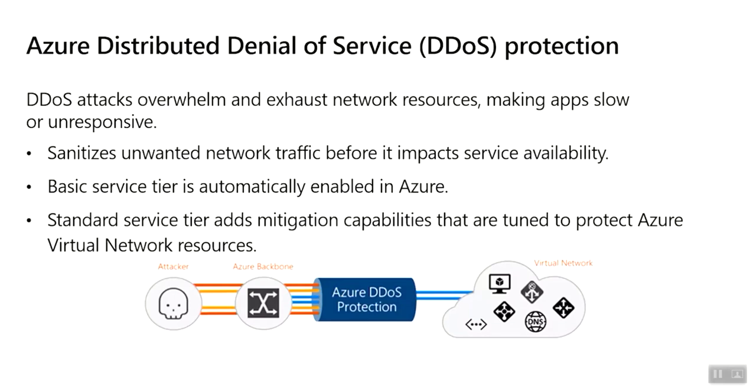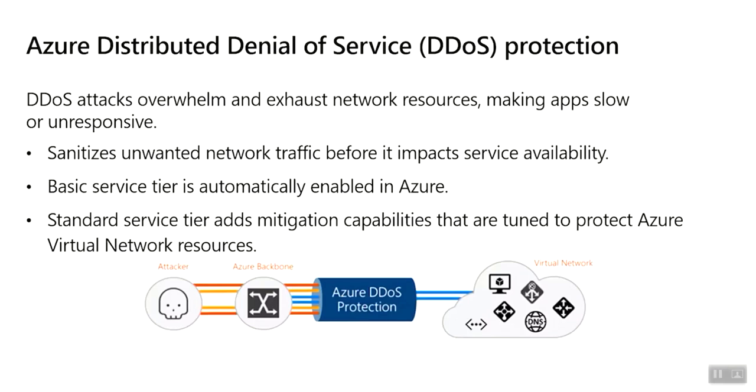It is an additional cost. But what this does is provide additional mitigation capabilities that are very specific to your virtual network resources. So there really isn't any type of application change that you need to make, but I need you to know that this isn't something that's getting applied to your entire subscription. It is very specific to your Azure resources.